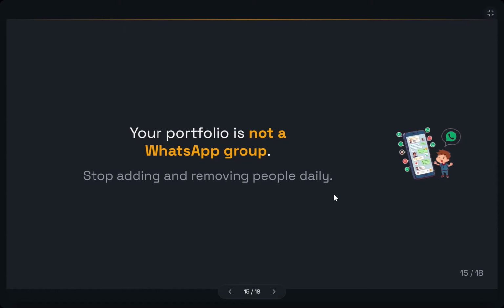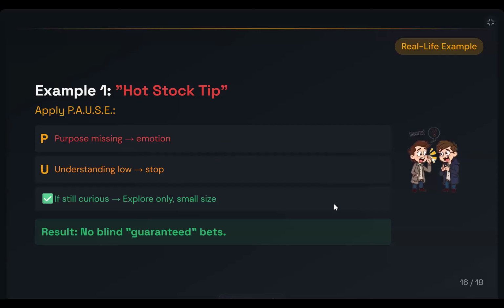Now, let's see how to use this impulse filter in real-life situations. First is when you get a hot stock tip. The tip arrives like: guaranteed multi-bagger, buy and you will make a lot of money. When you get such messages, pause and ask, what's the purpose? What's the goal? It cannot be an emotion.